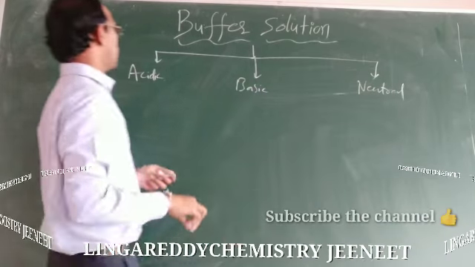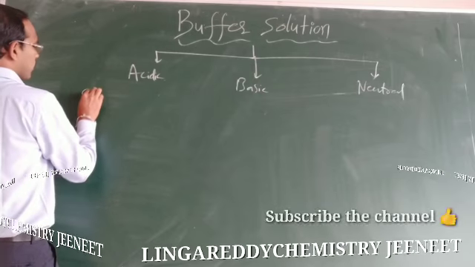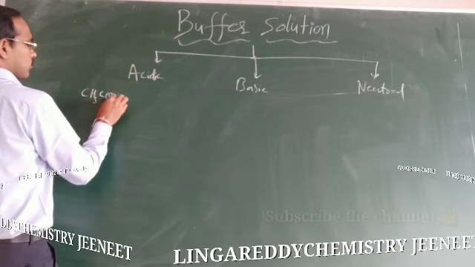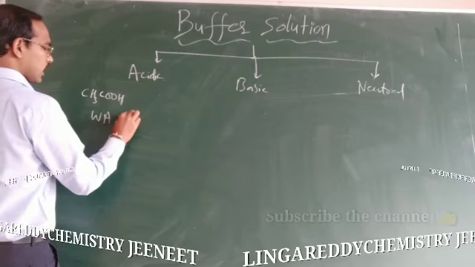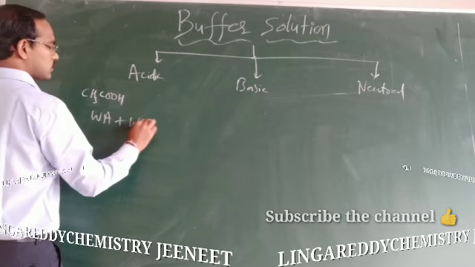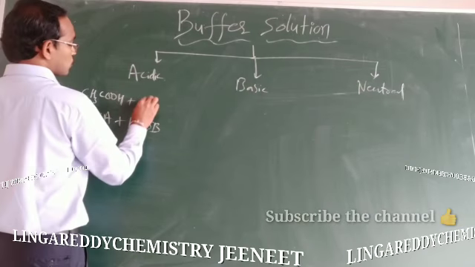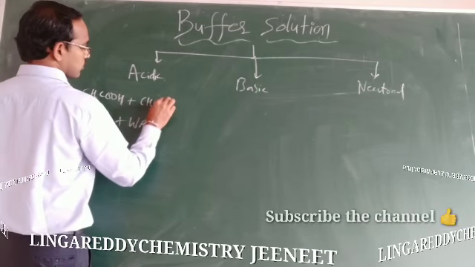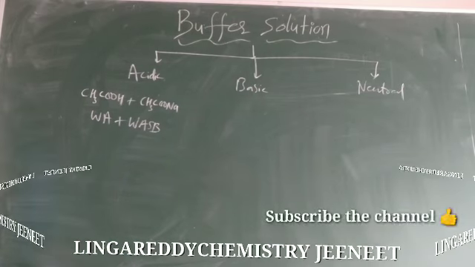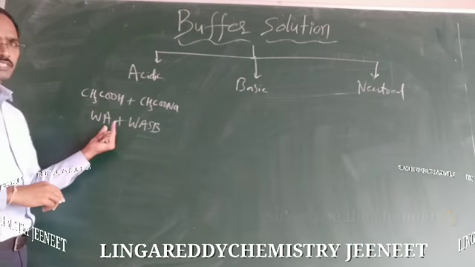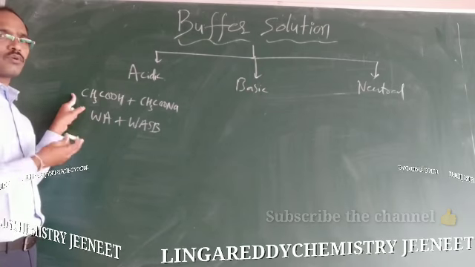For the acidic buffer solution, an example is acetic acid, that means a weak acid, plus a weak acid strong base salt. What is that? Sodium acetate. This is the acidic buffer. A common example is this one; one of the examples is this. You can take any weak acid, not only this one.